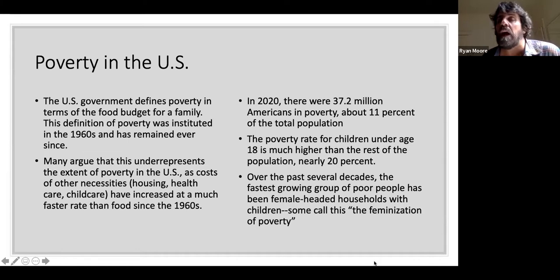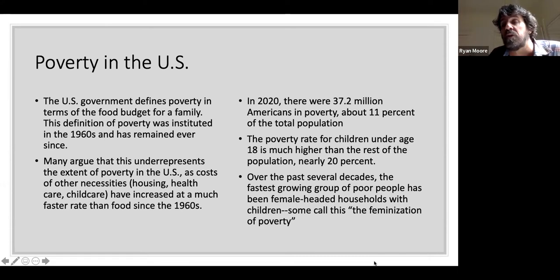So the percentage of Americans in poverty since about the 1980s has fluctuated between 11 and 15%. Now, the rate of child poverty is higher than that, as we'll see.